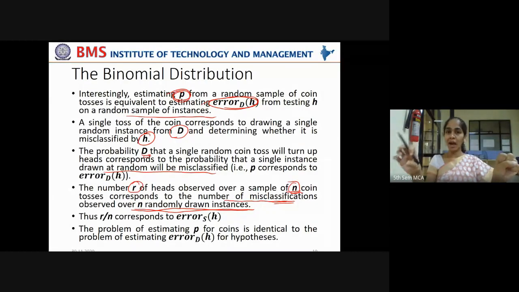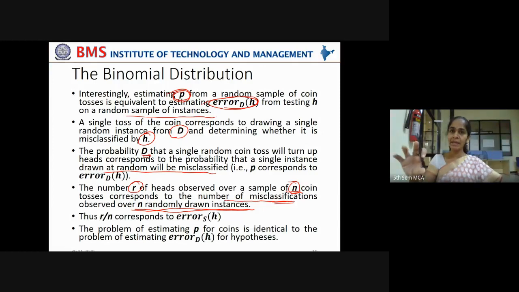Say it makes R errors out of n predictions. Then what is the probability of those errors? R by n. Now we are able to relate both of them. Out of n coin tosses, if you observe R heads, the probability of observing heads is R by n.